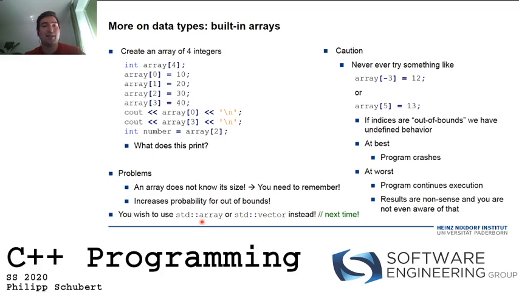And this std array data type knows its size. If you have a variable of that type, you can ask the variable, hey, how many integers do you have? And then you can make sure that you do not go beyond the valid indices. Also, if you need a dynamic array that can change in size at runtime, then you would rather use std vector. We will learn about those types later on in this lecture.